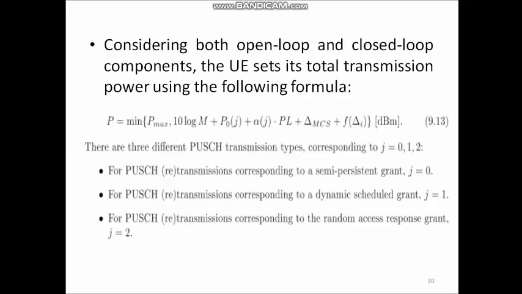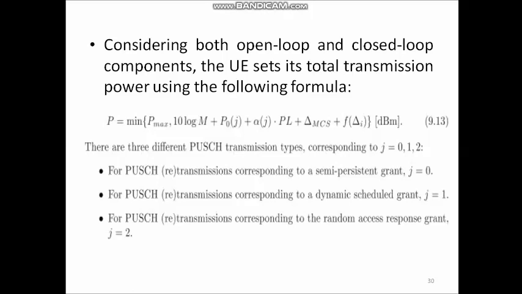Okay, next consider both open loop and closed loop components. In this case, the user equipment sets the total transmission power based on the new formula: minimum of P max comma 10 log M plus P naught of j plus alpha j into PL plus delta MCS plus f of delta I dBm.